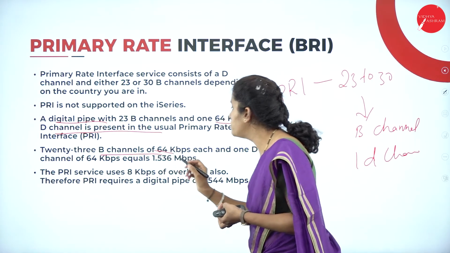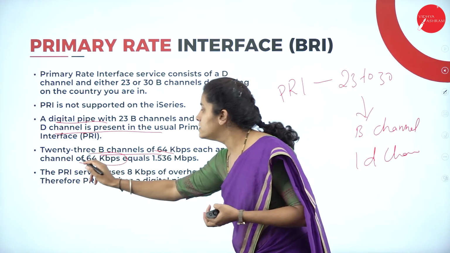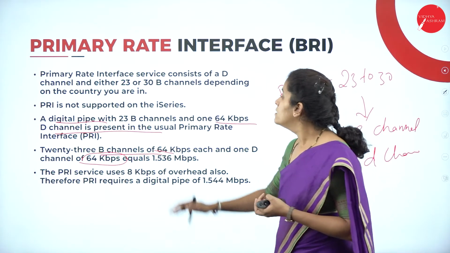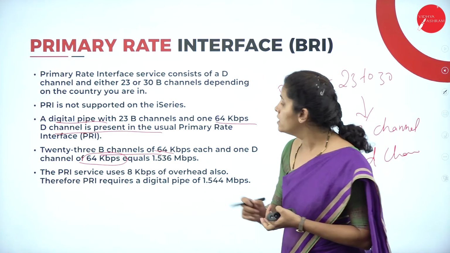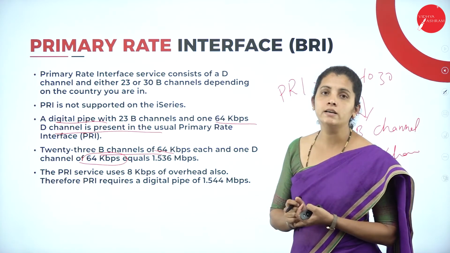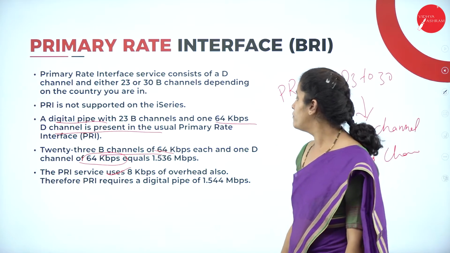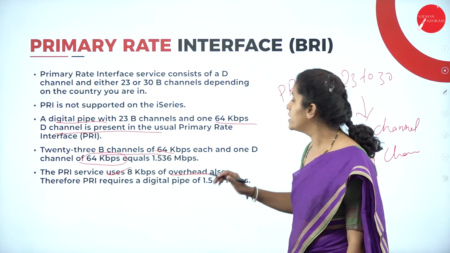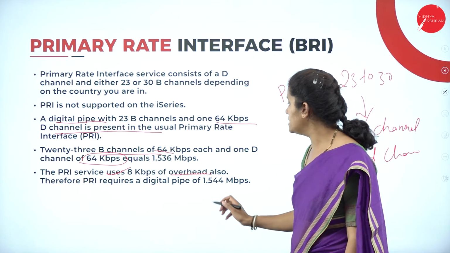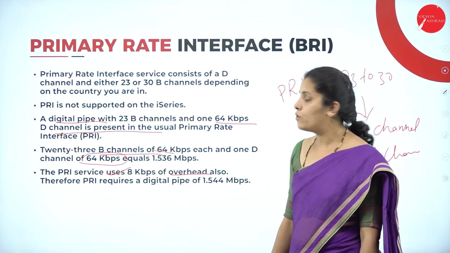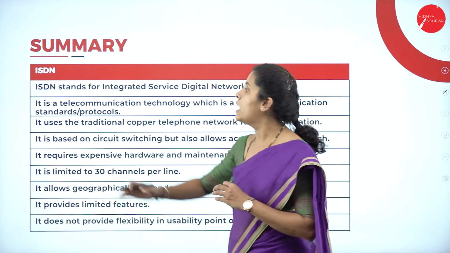Here it is 64 kilobits, and in D channel the capacity is 64 kilobits. So after adding these two, we are going to have 1.536 megabits per second. So here the PRI service uses 8 kilobits per second for overhead. So the total PRI service capacity required is 1.544 Mbps.